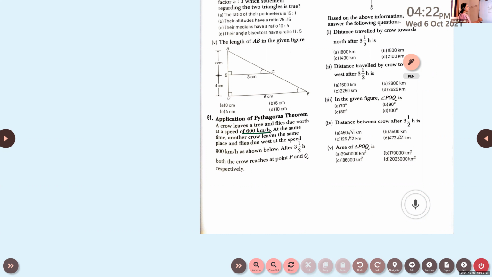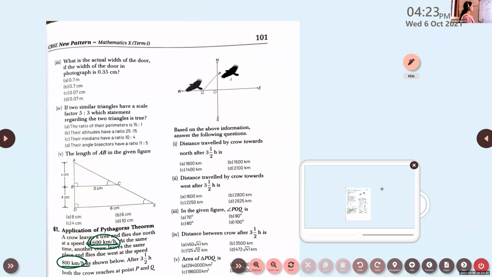After 3.5 hours, both the crows reach the points P and Q respectively. The first crow is flying with the speed of 600 kilometer per hour, and the second one with the speed of 800 kilometer per hour. Now answer the questions.